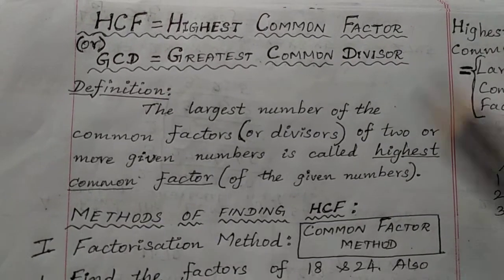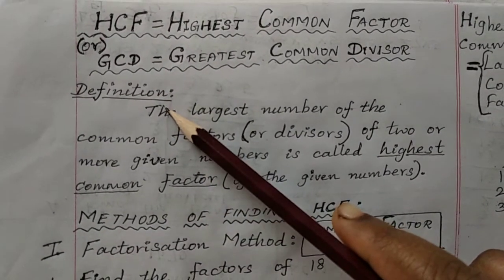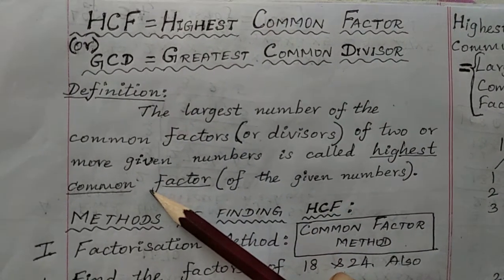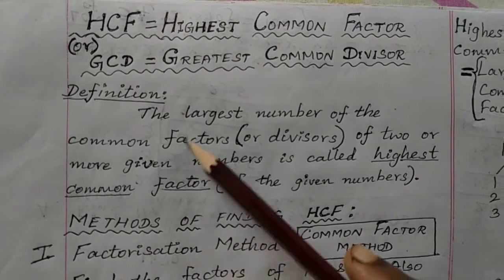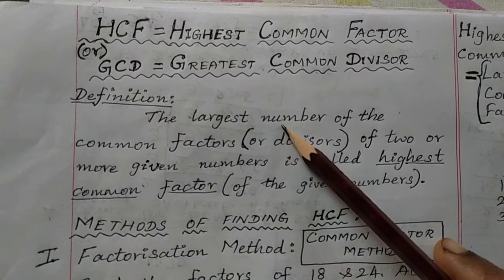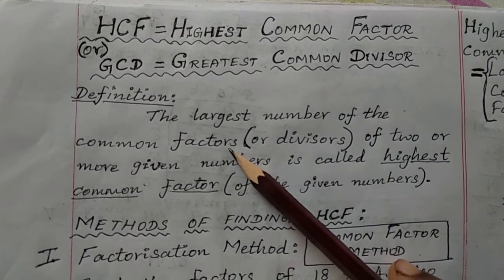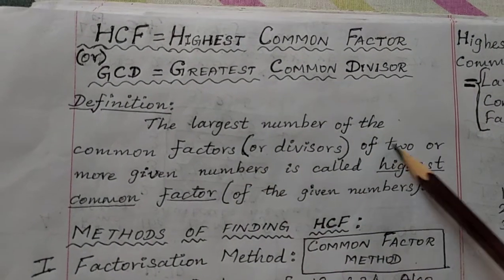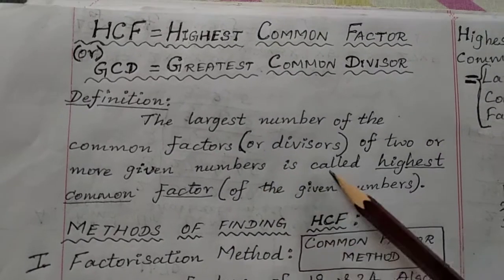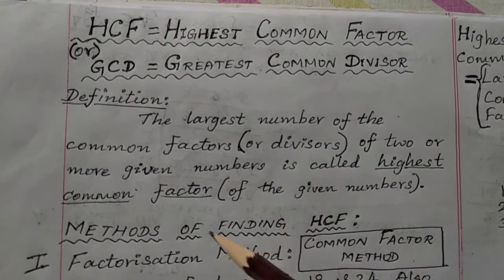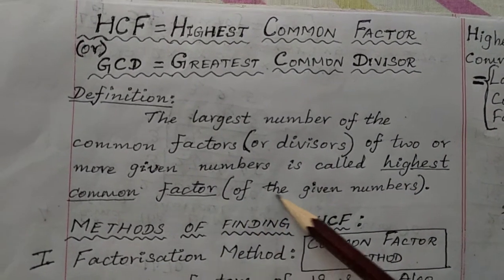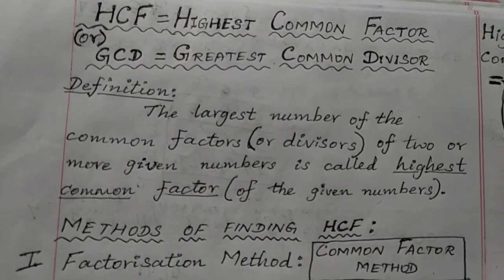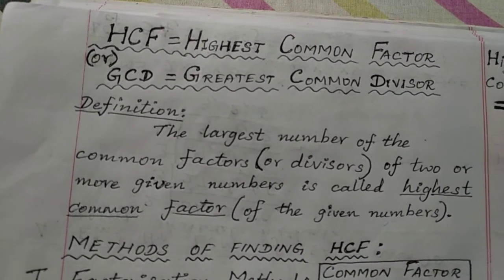Now let us see the definition of HCF or highest common factor. The largest number of the common factors of two or more given numbers is called the highest common factor of the given numbers. It's not difficult.